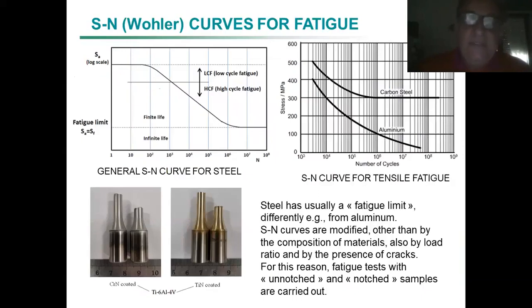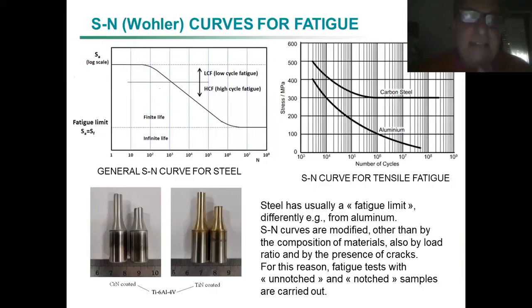Steel has been, as always, the first material to be studied in a scientific way. So this is the material from which material science was generated, the scientific study of material. Steel has got an advantage in terms of fatigue, and this has been recognized in some curves.